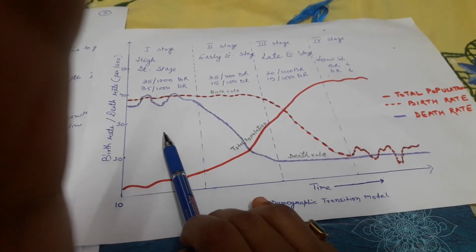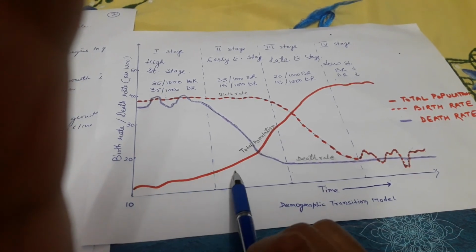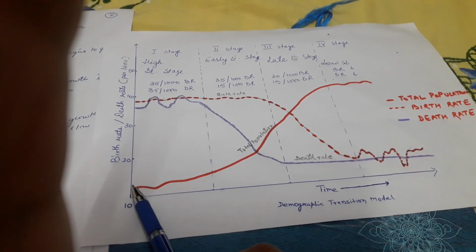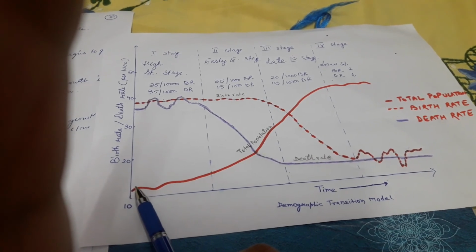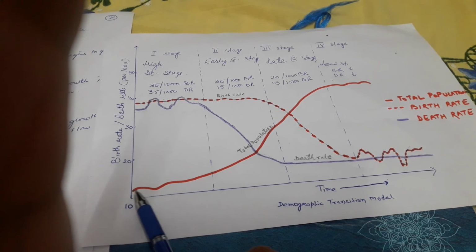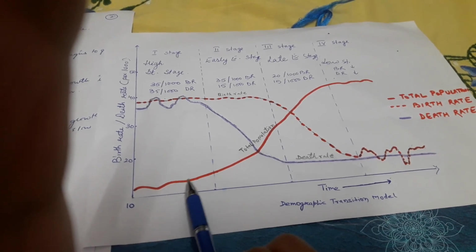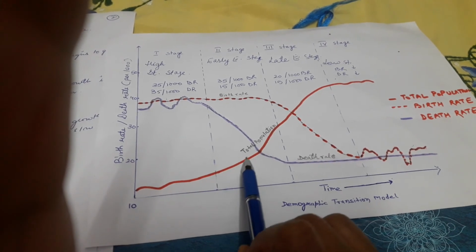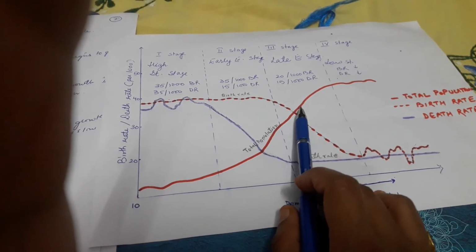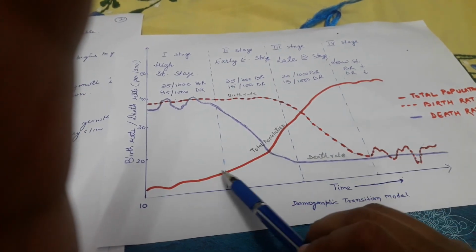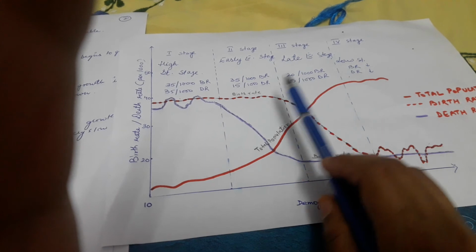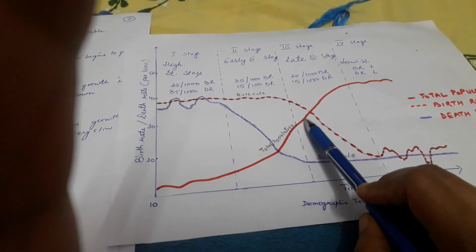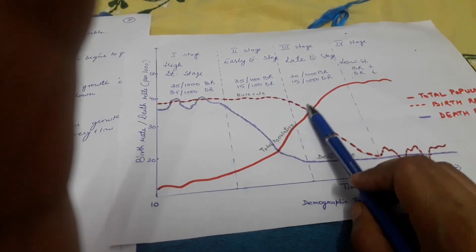So we can see that the population, first it was the high stationary stage, the population was less, but because the birth rate has increased, the population has also increased. And here in the third stage, what happened?